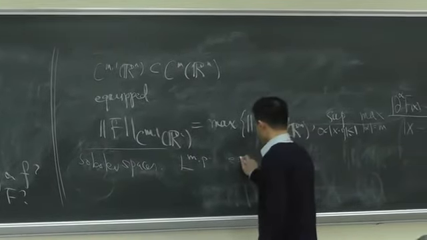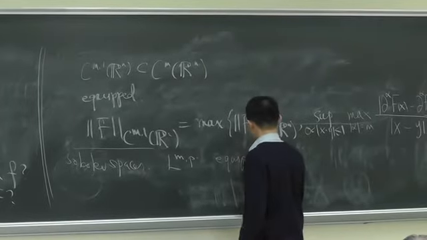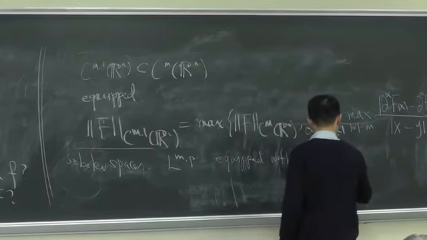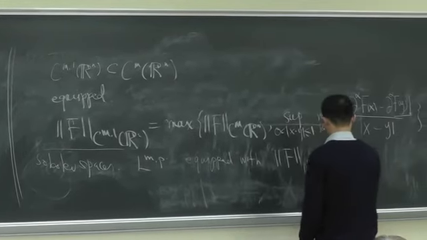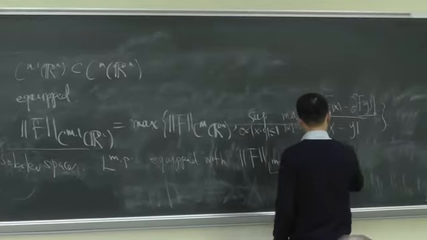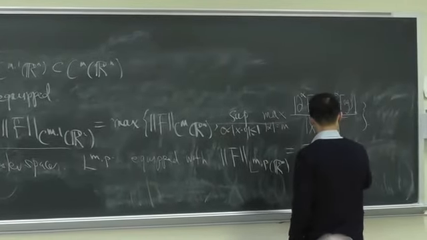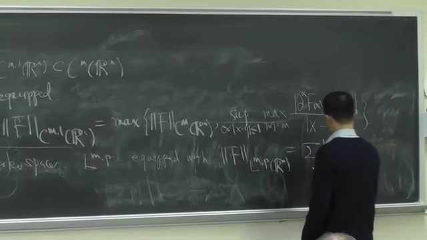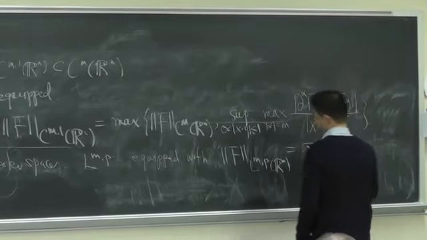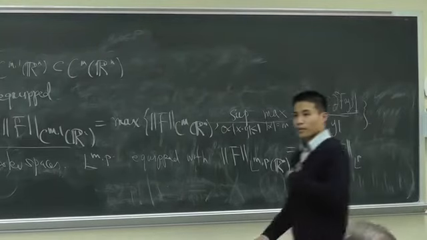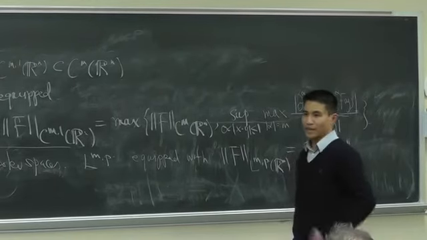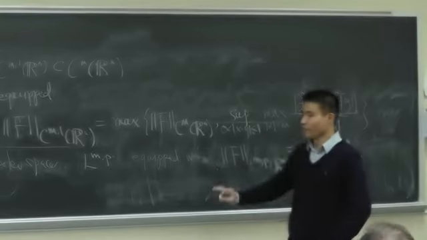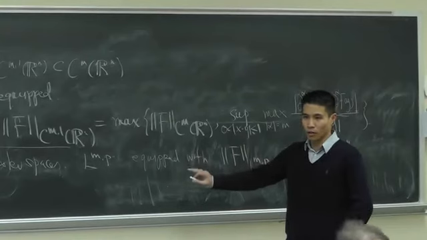You equip it with the seminorm, and some L^p norms, where m, n, p are large enough so it has pointwise values. Eventually we will make that assumption, but at the moment this is just the function space that we will work with.